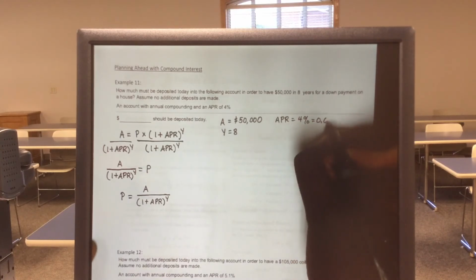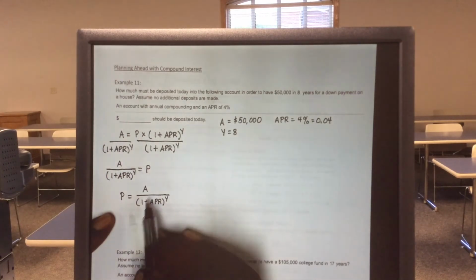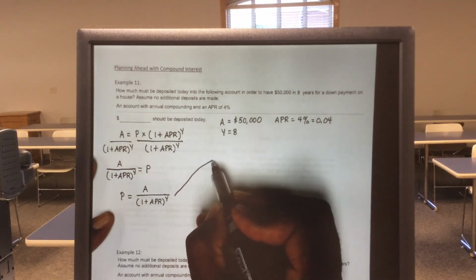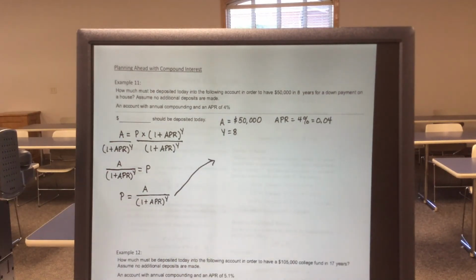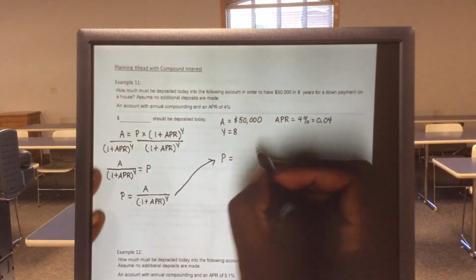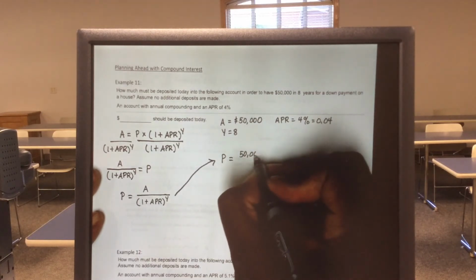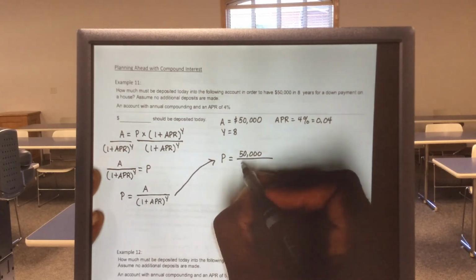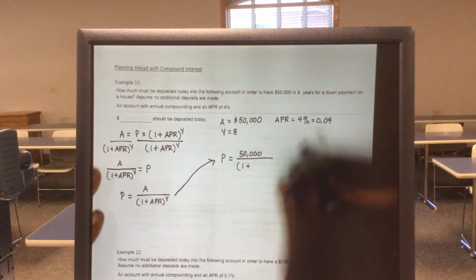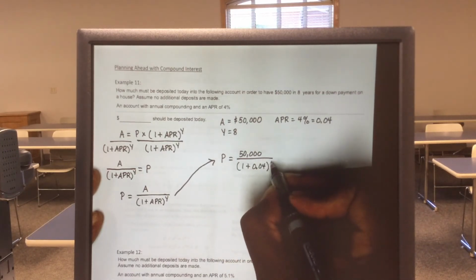Again, 4% as a decimal: if you do 4 divided by 100, you're going to get 0.04. So here I'm going to use this formula and substitute those values into it to find out what P is. So P is equal to A, which is $50,000, divided by 1 plus APR, 0.04, raised to the power of 8.